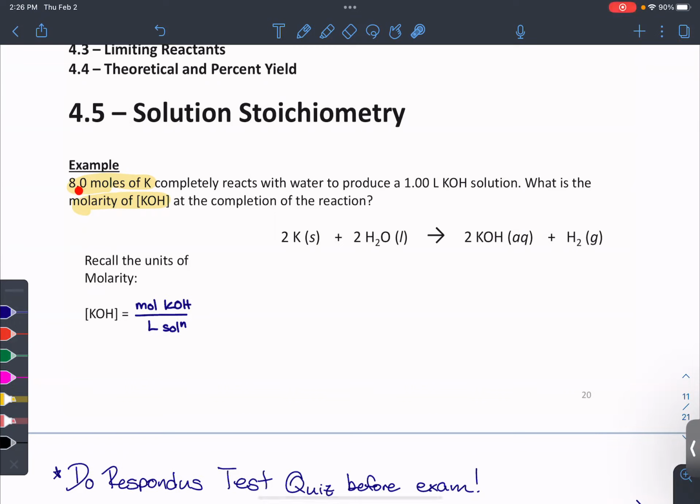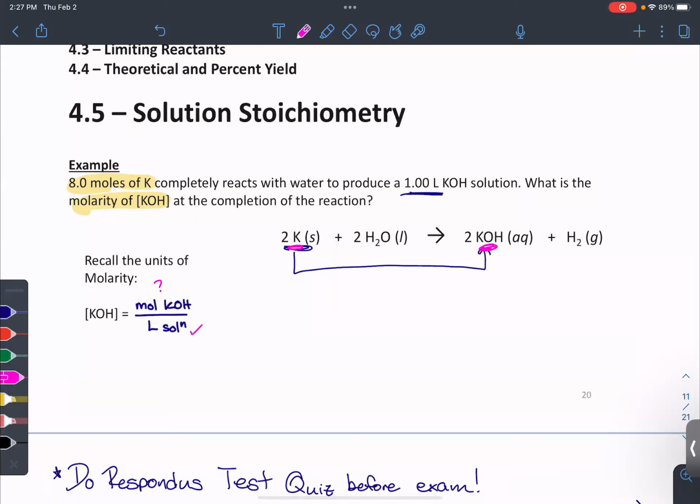In this example, I have 8 moles of potassium, my reactant, and I react it with water to produce 1 liter of solution of KOH. So I'm turning potassium into KOH. What is the molarity of potassium hydroxide, the product here? They tell us a liter amount of potassium hydroxide, so I have the denominator. All of the potassium hydroxide comes from the potassium we add to the reaction.